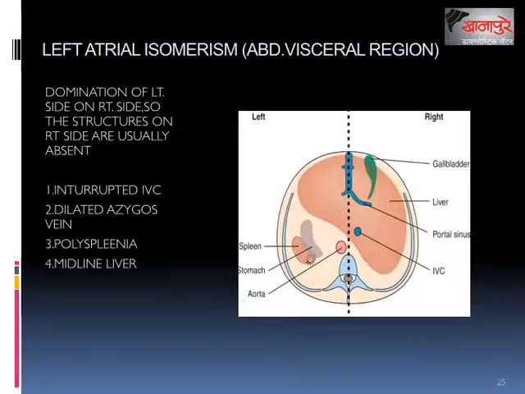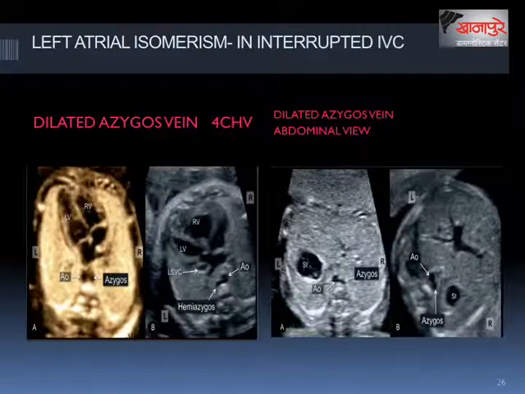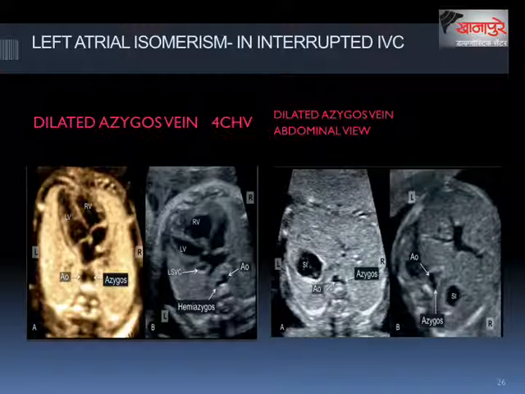Polysplenia, right-sided structures are absent like IVC interruption and midline liver. Dilated azygous and hemiazygous in four-chamber view suggestive of interrupted IVC.